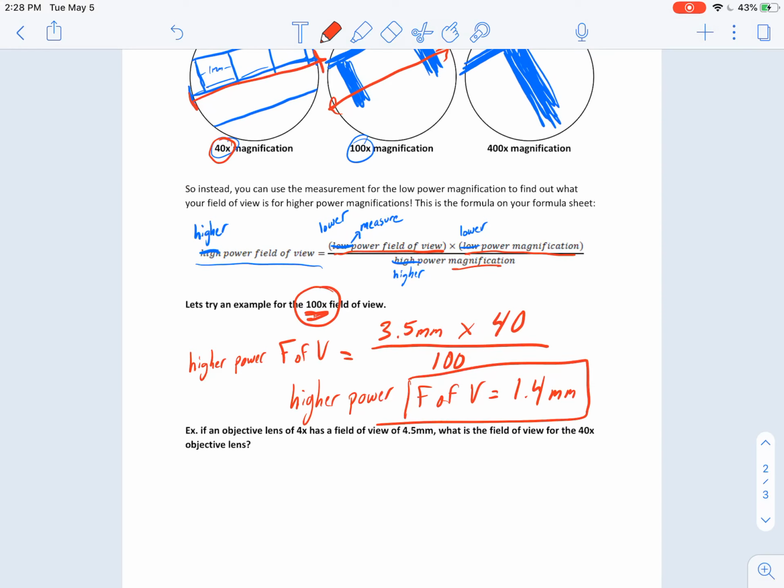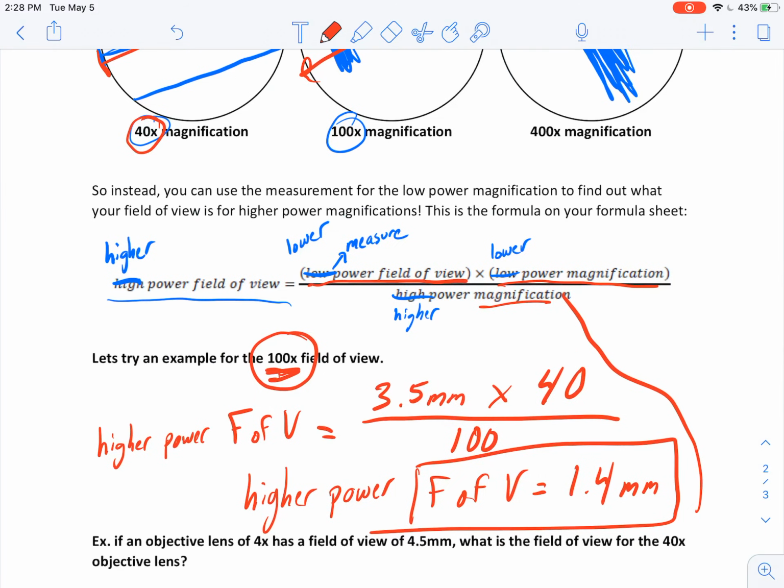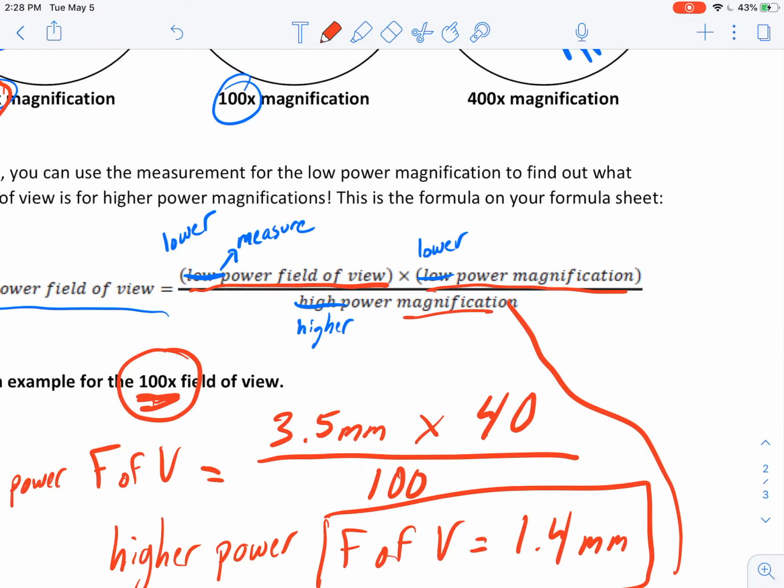Let's do just one on the side here. I'm going to do the 400 times magnification to give you a little sense of how little we see, or how narrow of a window we see. So I'm going to make that equal to my 3.5 as well, because again we're going to use what we measured and then the higher power magnification.